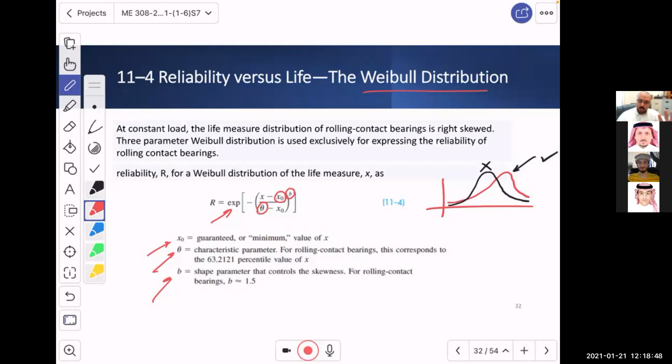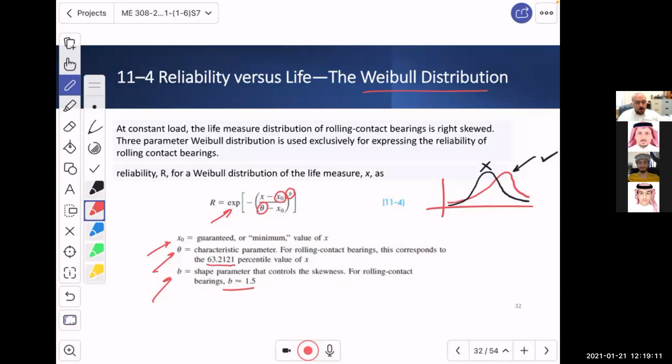You understand? And we will see the example. Don't rush. So b is equal to 1.5. In general, we will see what is theta. The theta corresponds to the 63.2121 percentile of the value.